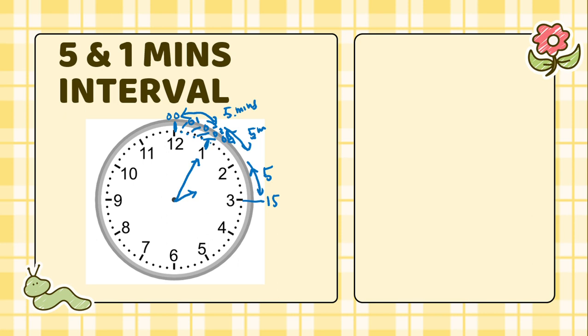So the fifth minute there is most of the time labeled with 1. So you need to remember, when your long needle is pointed to 1, it is 5 minutes. When your long needle is pointed at 2, it will be 5 plus 5, which is 10.